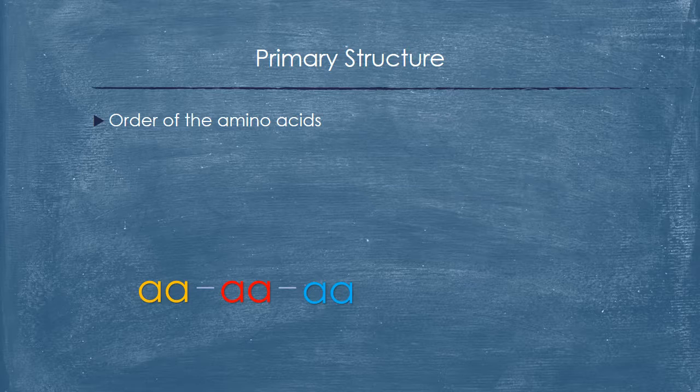Now, when we describe the primary structure of a protein, we're going to use the first 3 letters of that amino acid. So it would be the first 3 letters of the yellow amino acid. Then, we have our dash, the first 3 letters of the red amino acid, and then the first 3 letters of the blue amino acid. And this would go on because that's how we describe the primary structure of a protein.